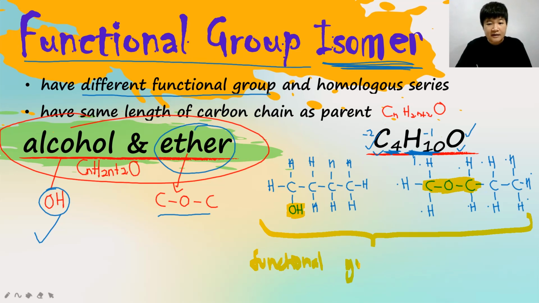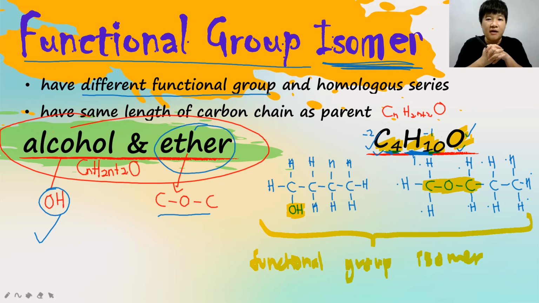As I said previously, make sure you label them because we have many types of isomer. And this one right now is your functional group isomer. They are isomers of each other because the number of carbon is the same, the number of hydrogen is the same, the number of oxygen is the same. Same molecular formula, but different arrangement, different structural formula.